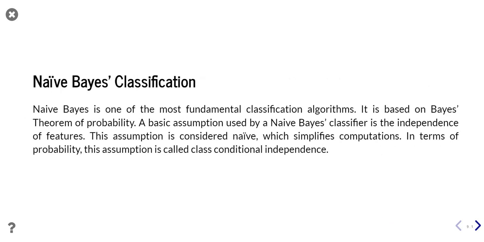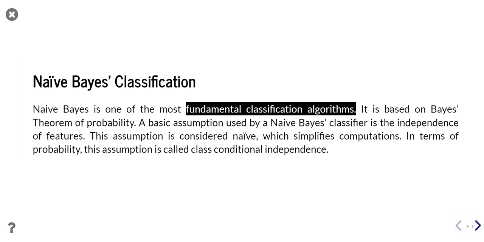The next one is naive Bayes classification. This is using the probabilistic theorem of probability. Naive Bayes is one of the fundamental classification algorithms based on the theorem of probability.